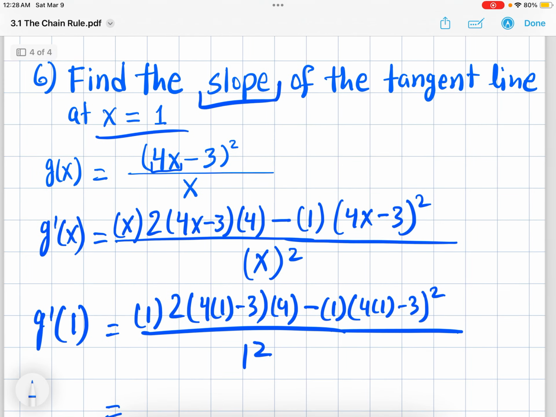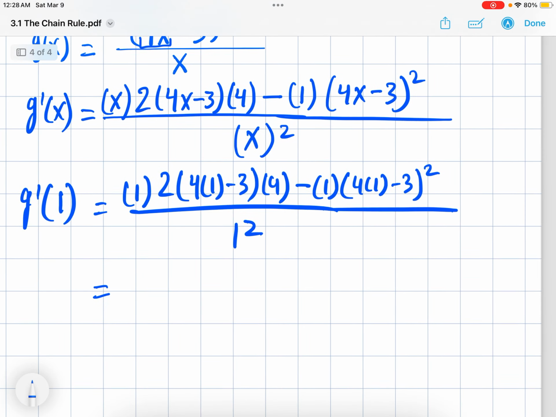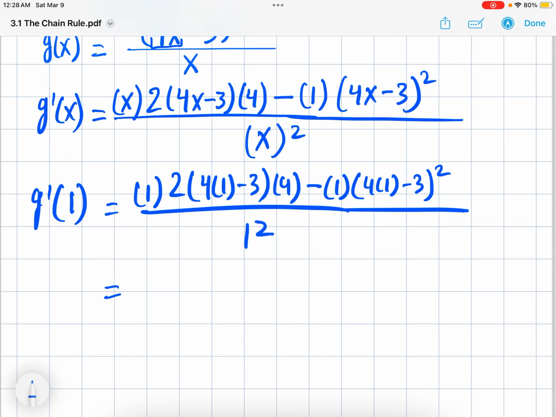So let's find the slope. Let me use my calculator. I'm just gonna plug all the values in there.